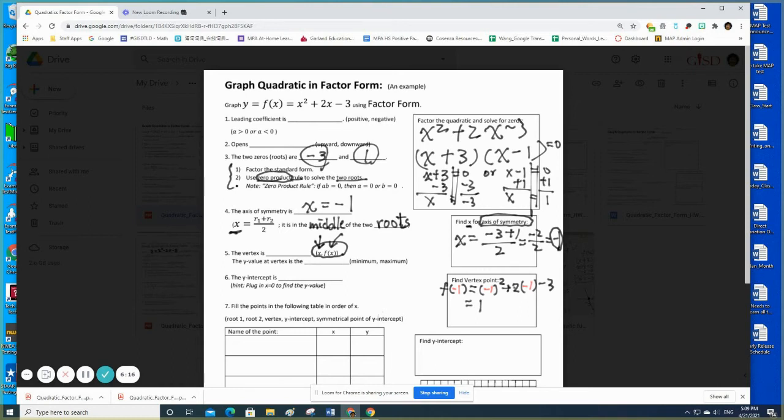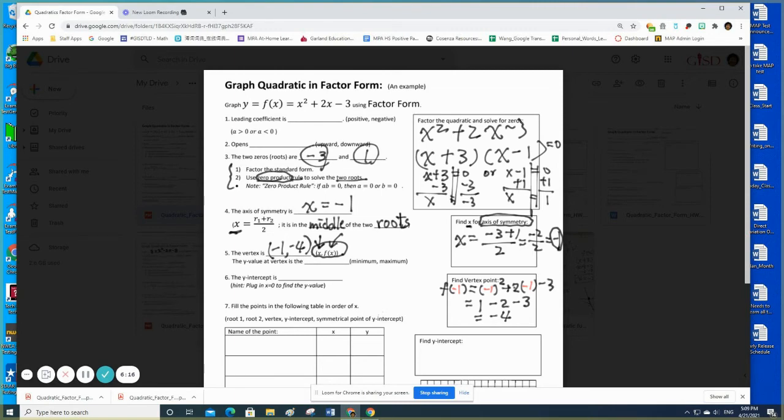And 2 times negative 1 is subtract 2, then subtract 3. We get this value negative 4. So we know our vertex is at negative 1 and negative 4. We got this very important point.